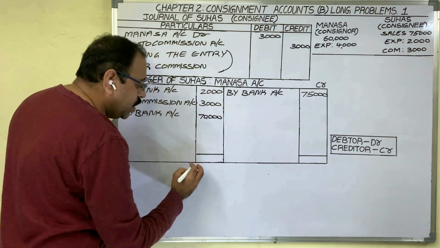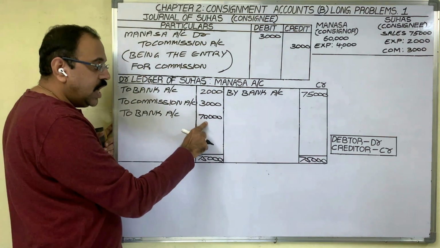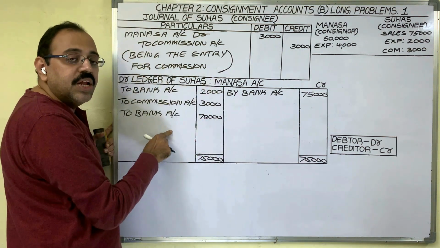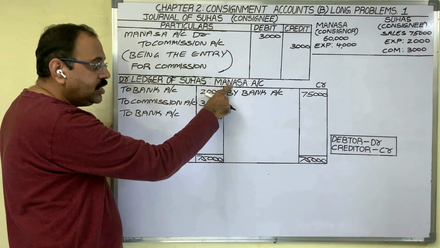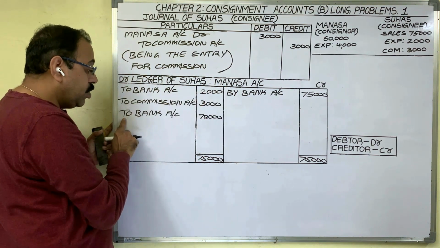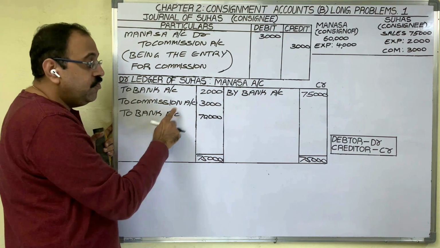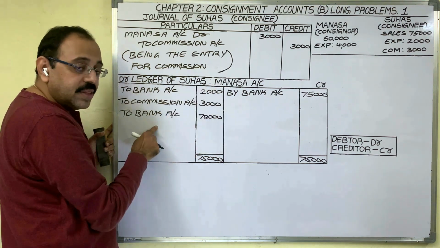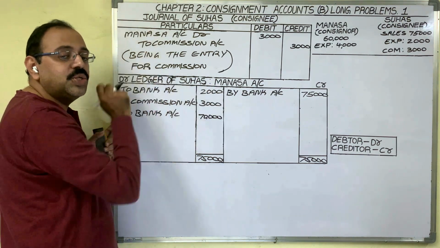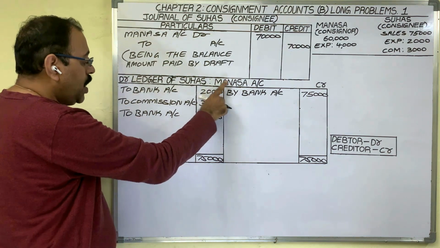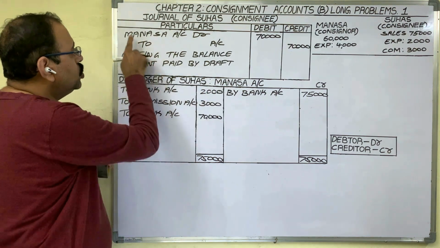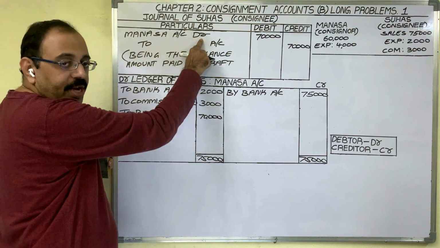Now two sides put the total. So based on this answer, we should frame the journal entry now. In Manasa's account, debit side we wrote to bank. If you want to post the entry like this, then the entry should be: in Manasa account debit side we should write now. So Manasa account is to be debited.